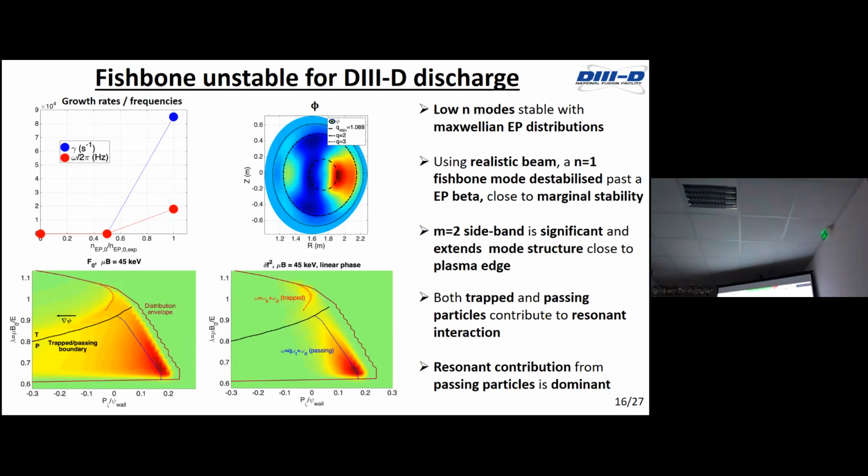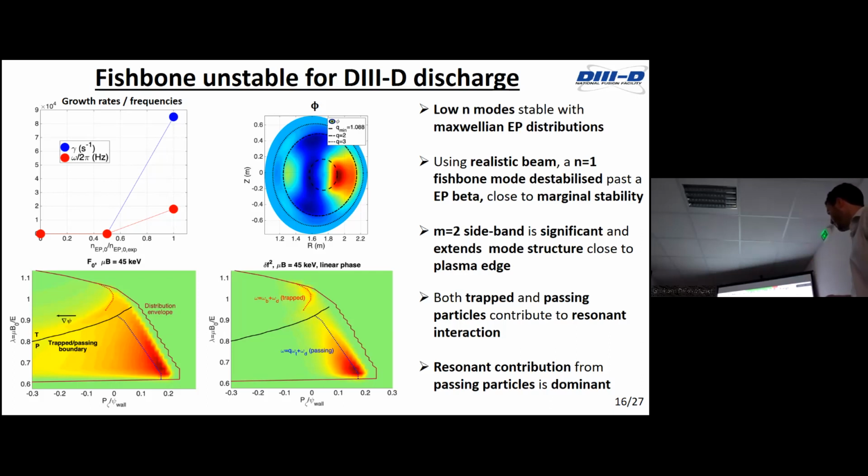In red you have the envelope, and on the top you have the trapped section of the phase space here, and the passing one here. And you can see that you have two resonances driving the mode, highlighted here in the different lines. We obtain them by looking at the squared perturbed distribution of fast particles.